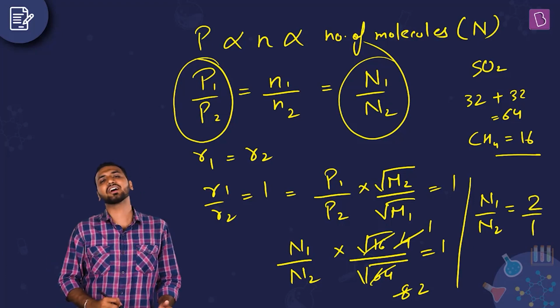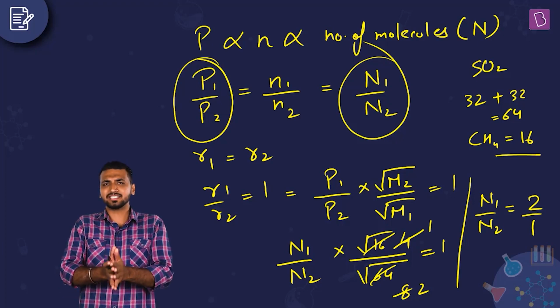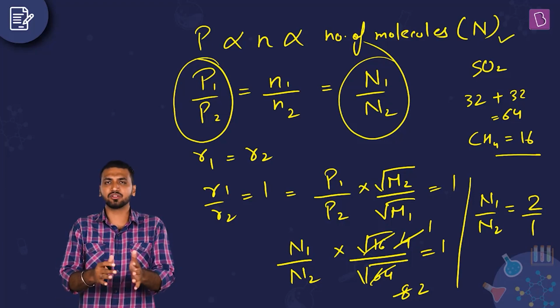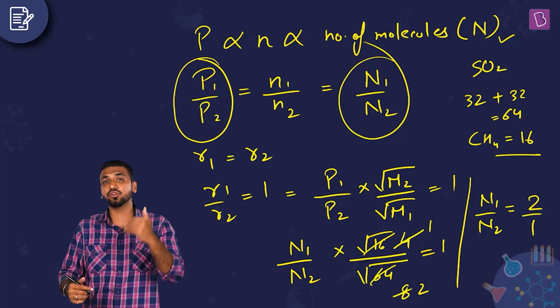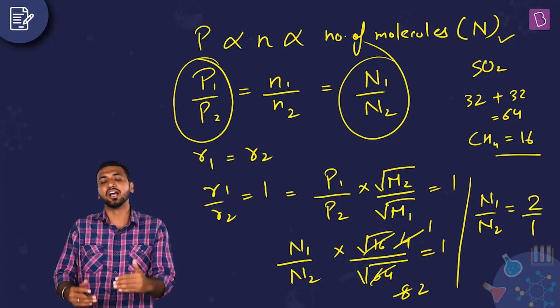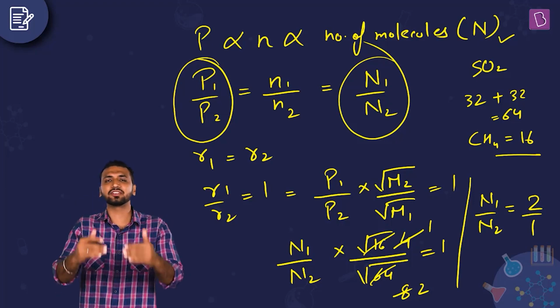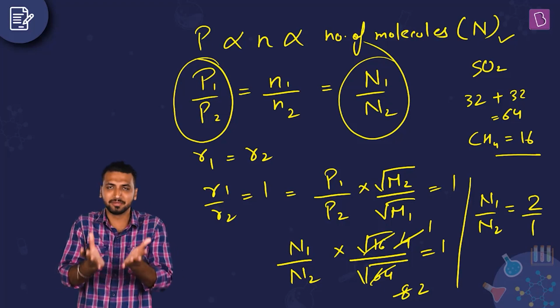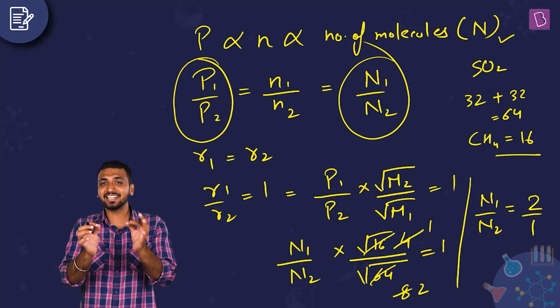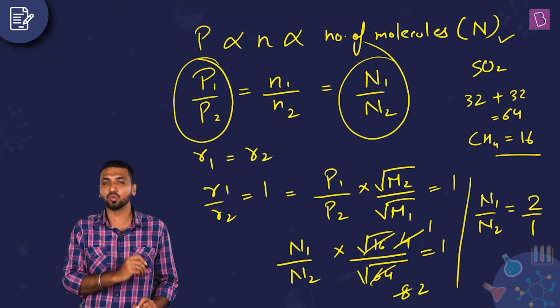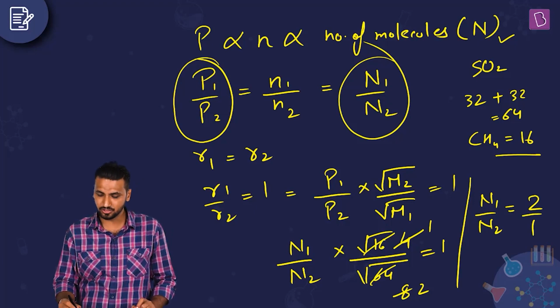The ratio is coming out to be 2 by 1. What is this ratio? What is your N? Number of molecules. So the ratio of the number of molecules of SO2 to the number of molecules of methane, when the rate of diffusion is equal, is 2:1.